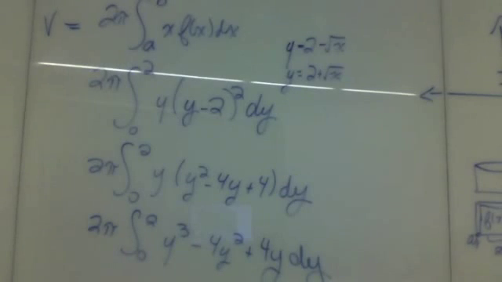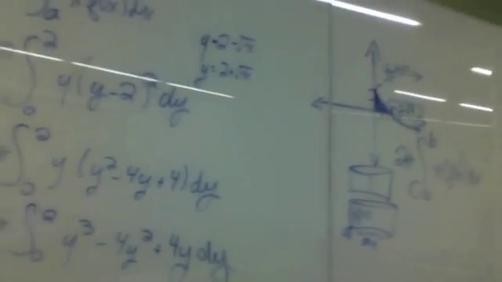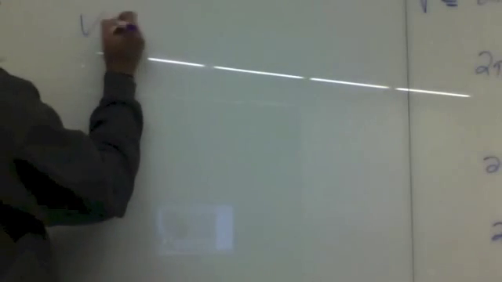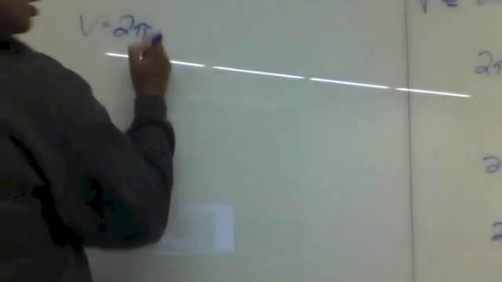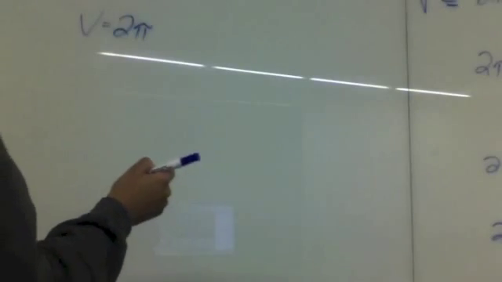And from there, we're going to move over to this new board and say that V equals 2 pi, and integrate our last statement.